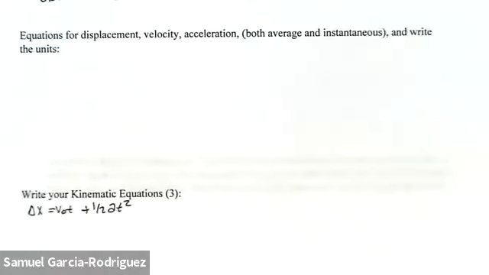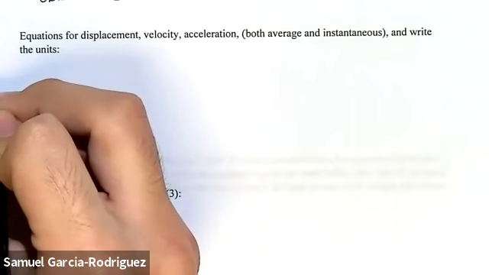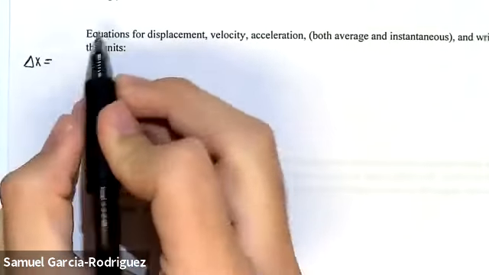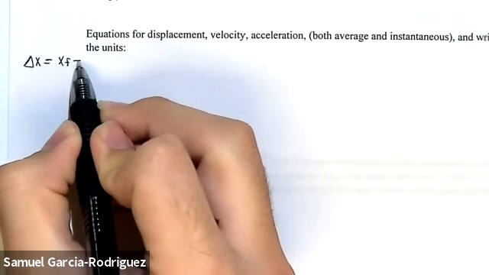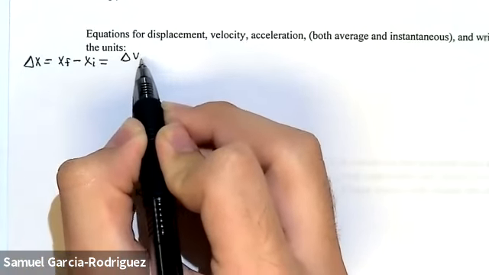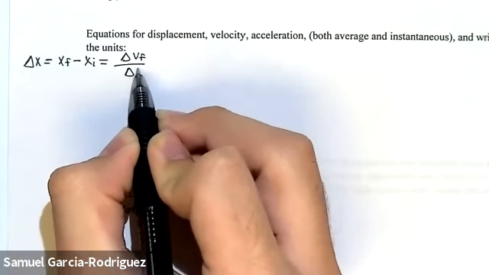But yes, in a technical sense, that is an equation for displacement. But something a little bit more general. Yep. So displacement, which could also be written as x final minus x initial, is equivalent to your change in velocity over your change in time.